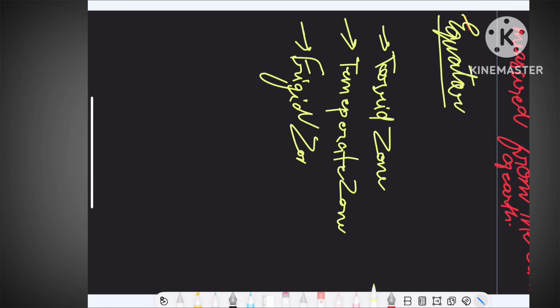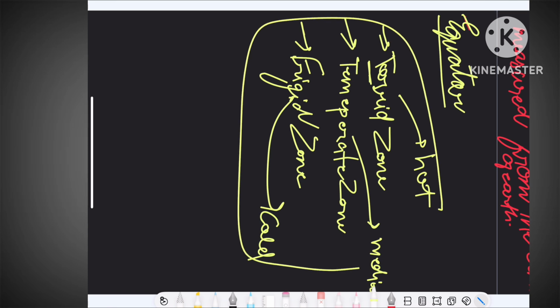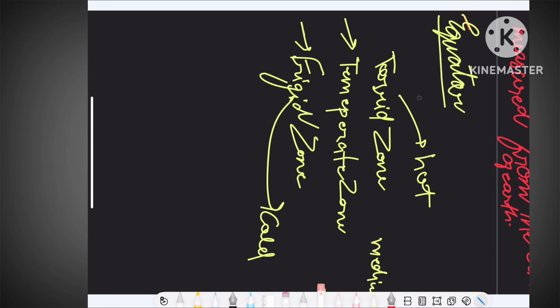The trick to learning this: torrid means very hot, temperate means medium, and frigid means freezing, very cold. So these are the three heat zones of the Earth. Understood?